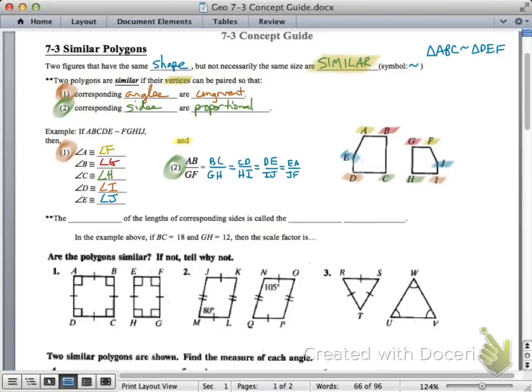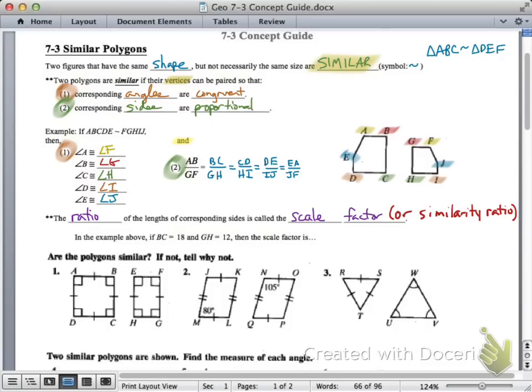All right, next, this is a very important term. You'll be answering plenty of questions about this in the next several days. The ratio of the lengths of the corresponding sides is called the scale factor. There's another term that some other textbooks use called the similarity ratio, and you may see both of those as we move forward.